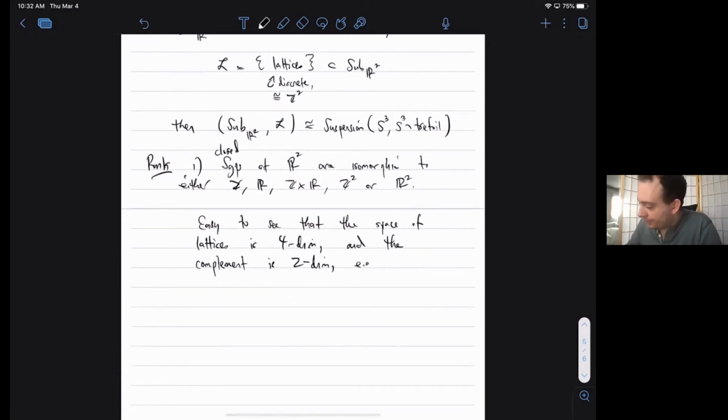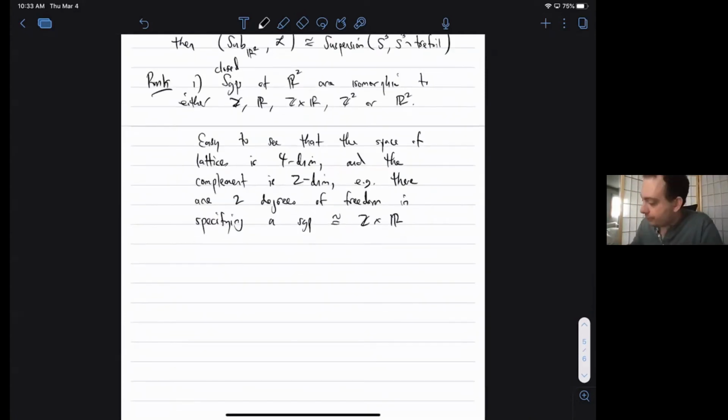And maybe the one thing that seems to surprise people when they're first thinking about this is, why is the space of Z cross R subgroups 2-dimensional? There are 2 degrees of freedom in specifying a subgroup isomorphic to Z cross R. The reason for that is, what does a subgroup isomorphic to Z cross R look like?